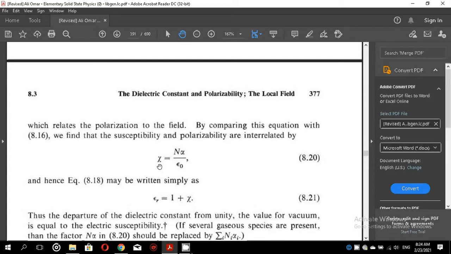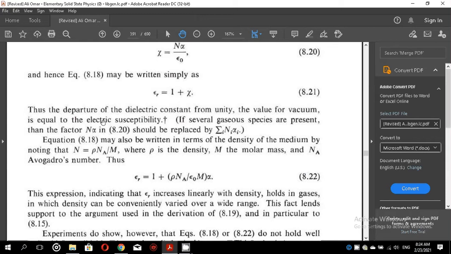So in equation 8.20, chi is equal to N alpha over epsilon naught, and the next equation 8.21 correlates the dielectric constant with chi. Okay, this is thus the departure of the dielectric constant from unity. The value for vacuum is equal to the electrical susceptibility. Chi is called the electrical susceptibility.